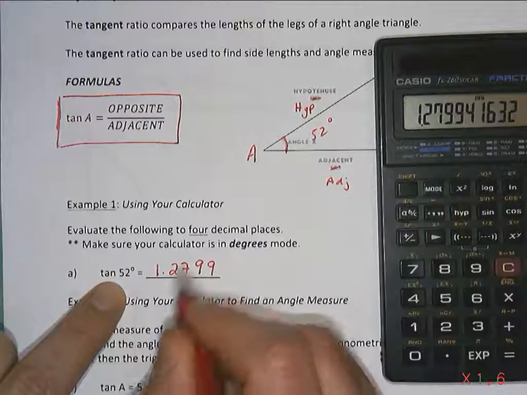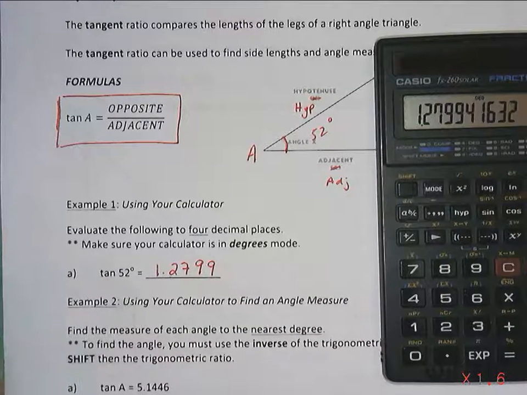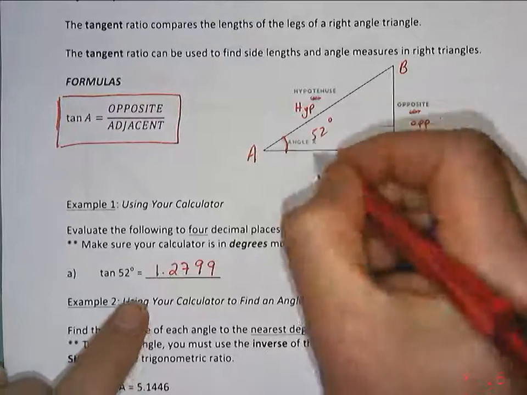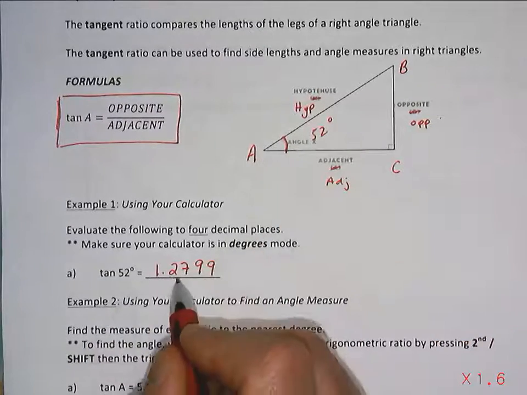If it was 5 or greater, I'd round up, but it's not, so I leave it with 4 decimal places. So if this was 52 degrees, whatever this length was divided by this length would equal that decimal.